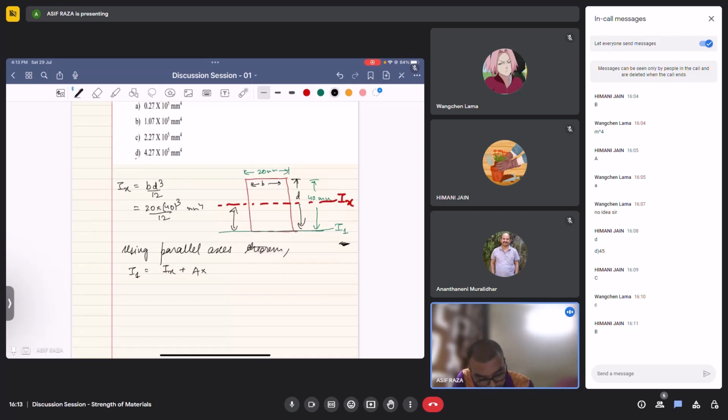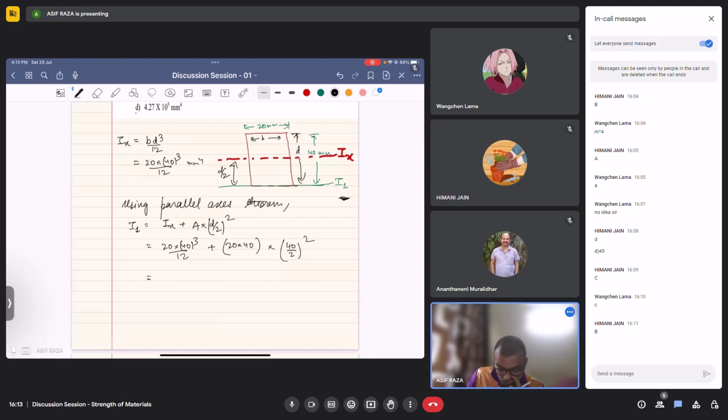So this distance is equal to what? D by 2. So here it would be D by 2 square. So Ix is 20 into 40 cube by 12. Area of this body is BD. BD is what? 20 into 40, and D is 40 by 2 square.